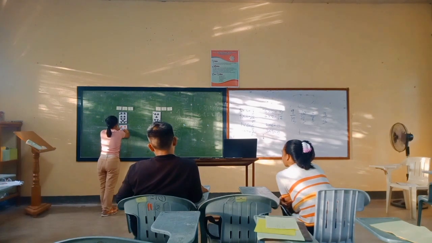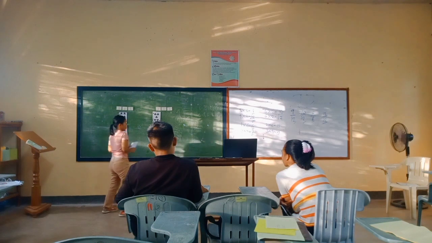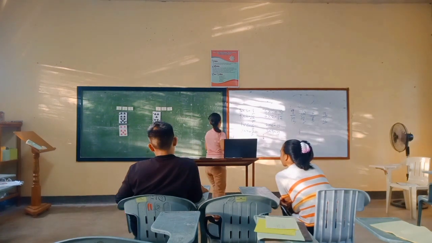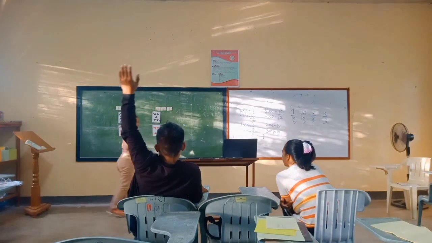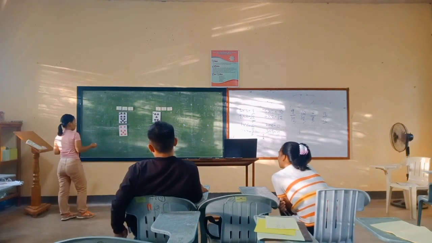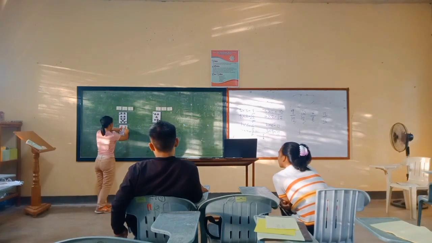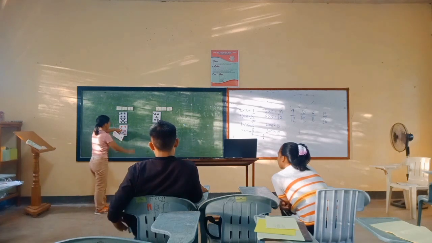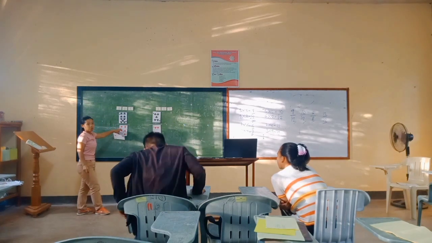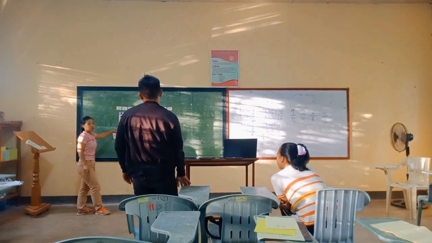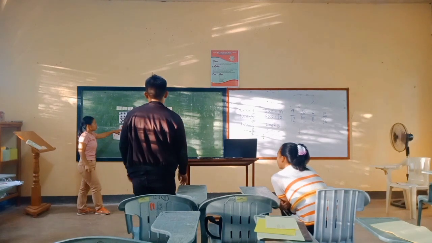So let's compare. Who has the higher fraction? Why do you say that your card has the higher fraction? Because the numerator is 9 and the denominator is 7.